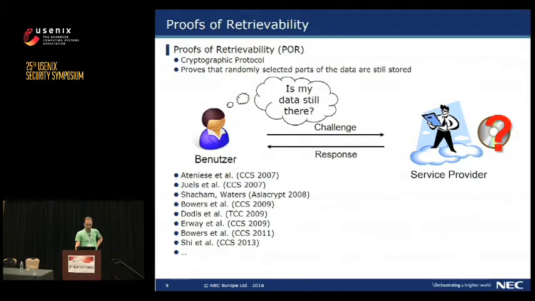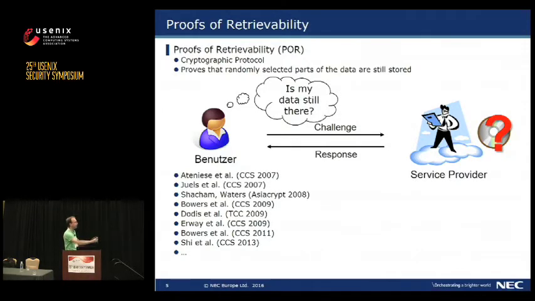One solution which is well known in the cryptographic and security literature is a proof of retrievability, originally or sometimes also called proof of data possession. In a proof of retrievability, a user will send a challenge to the service provider, kind of asking, is my data still there?